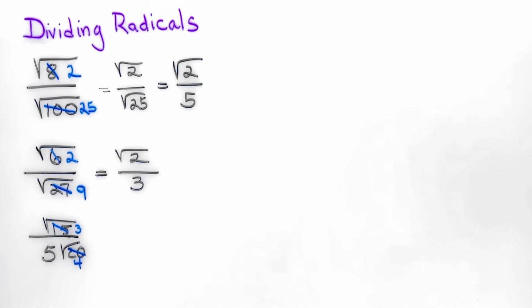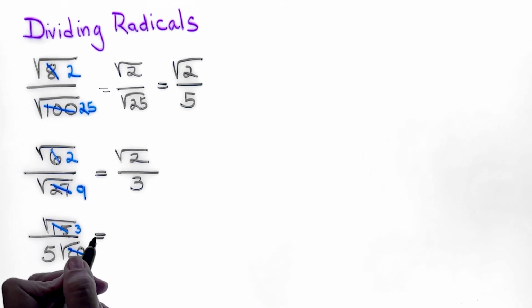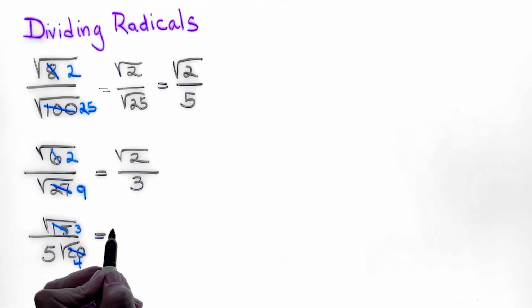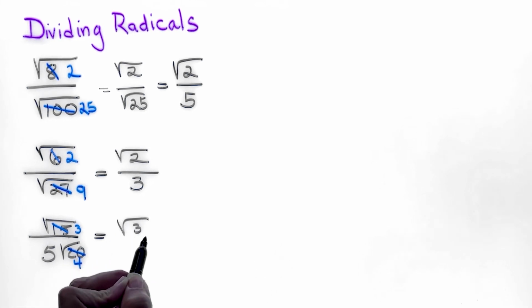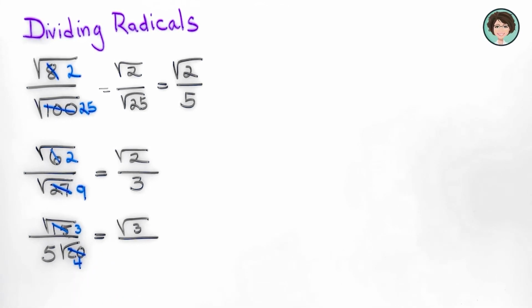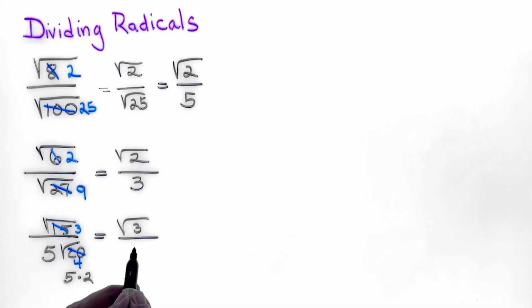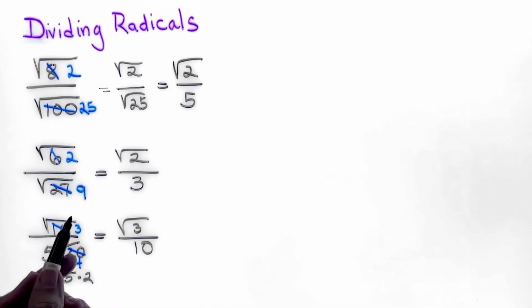So now the numerator is the square root of 3. The denominator actually is, notice the square root of 4 is 2. So we're going to say 5 times 2, and your denominator is going to be a 10. So the answer is the square root of 3 over 10.